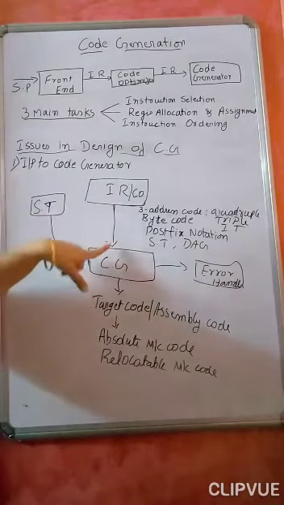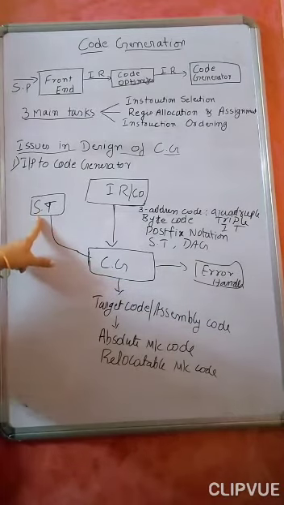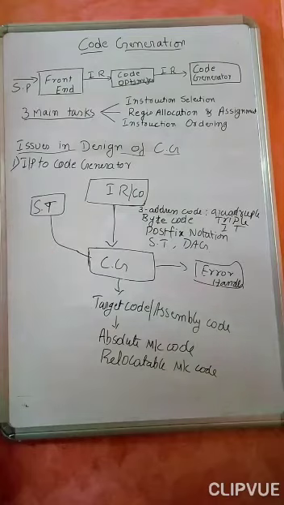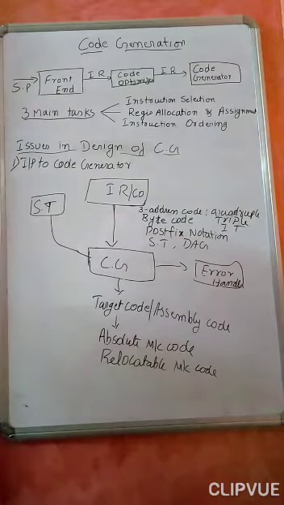Along with this intermediate representation, it also interacts with the symbol table. From the beginning phases, I have been telling you about the symbol table. It is one of the data structures where the information about the different variables is stored. If I have a variable in a source program, then what is its data type, what is its name, where it is stored, and what is its life scope, all the information about that variable.